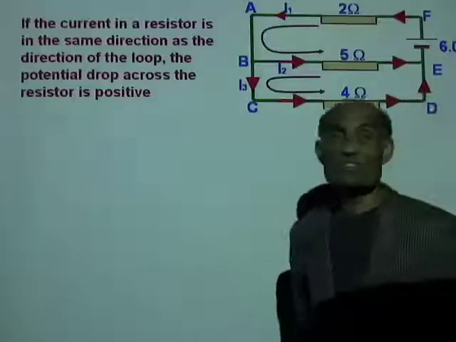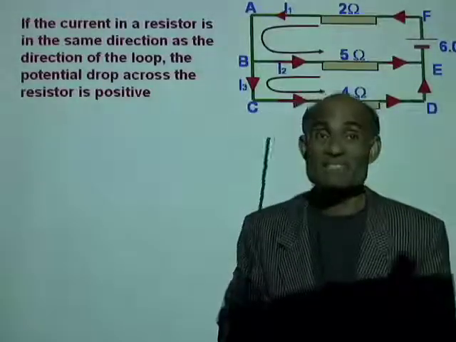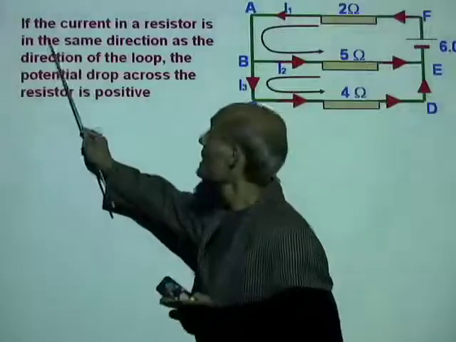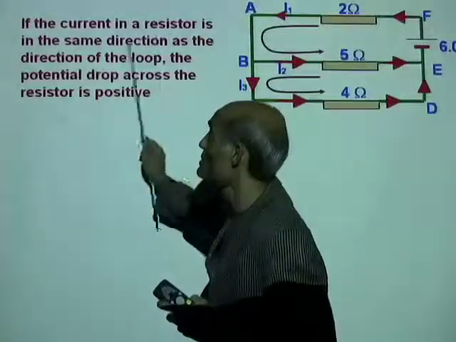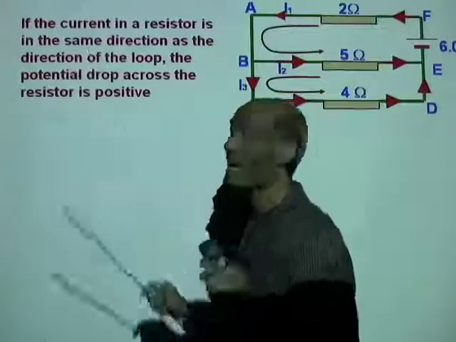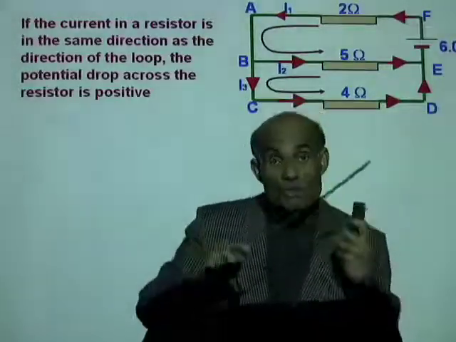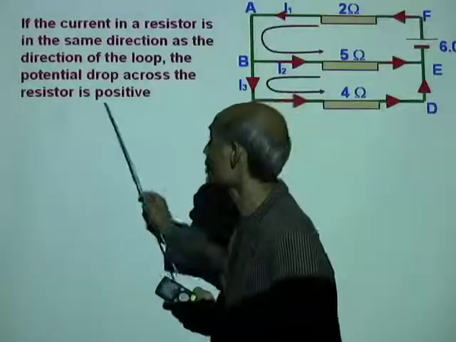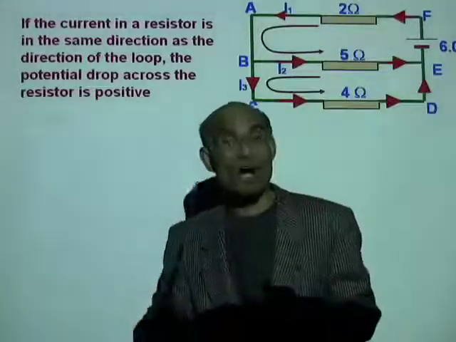What is the convention for assigning the sign of the potential drop? This is the convention. If the current in a resistor is the same as the direction of tracing of the loop, then the potential drop across the resistor is positive.